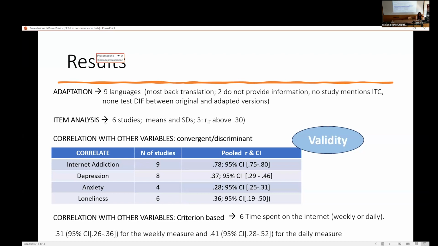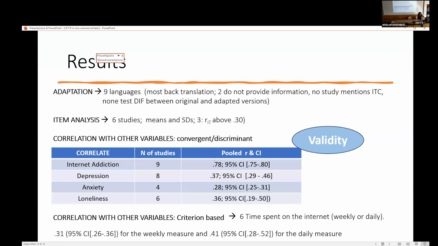Item analysis was not really the focus of the published papers, even if some of them, 6, provided information about means and also the correlation with the total scores. Correlations with other variables: the most important criterion was another scale, the internet addiction scale, which supposedly should be highly correlated with our main test, the GPUS.